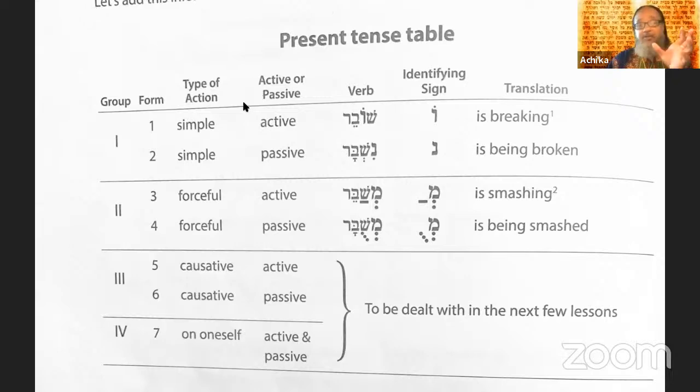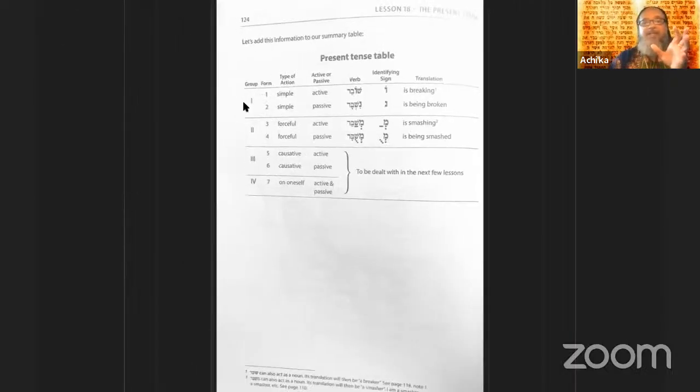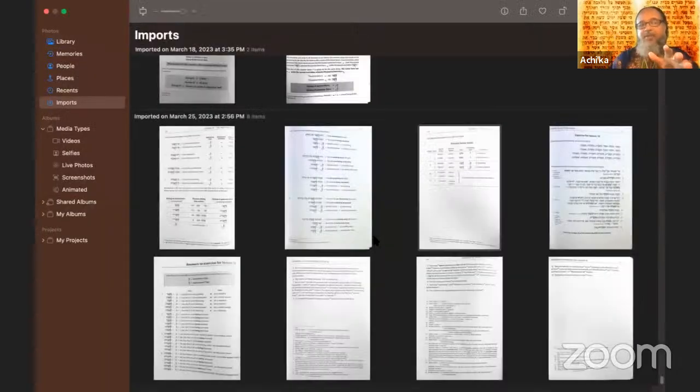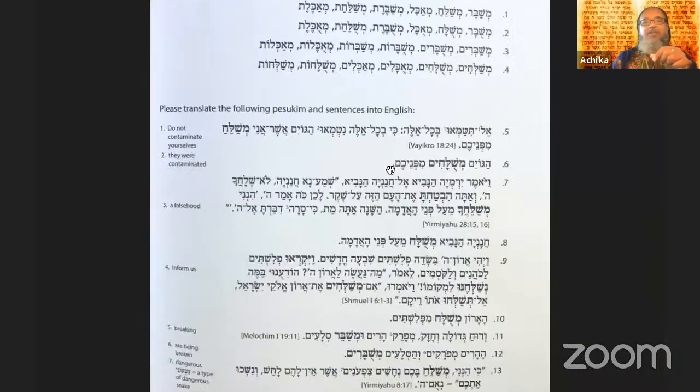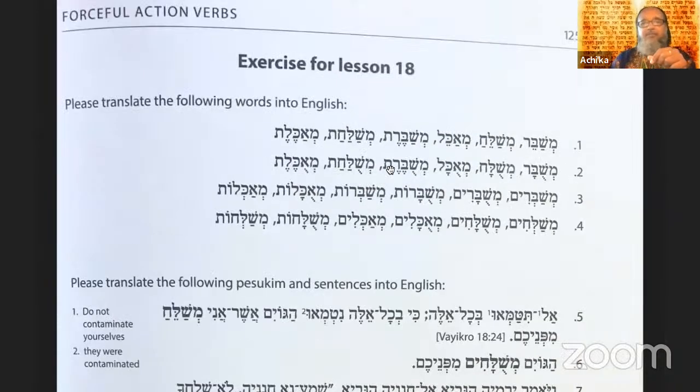Now remember, when we're talking about present tense, we're talking about something that's actively going on right then. So when you read the information, that's what it's going to be. This is your homework up here. Let's look at this right quick.